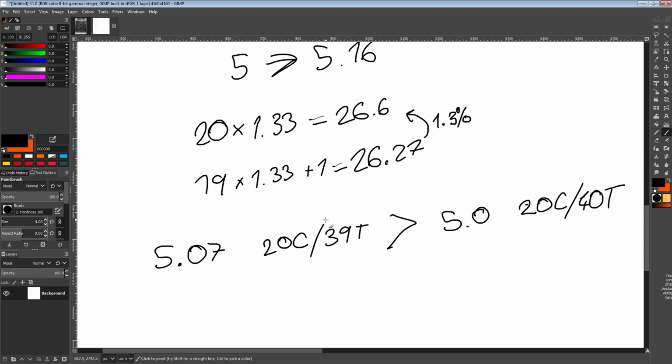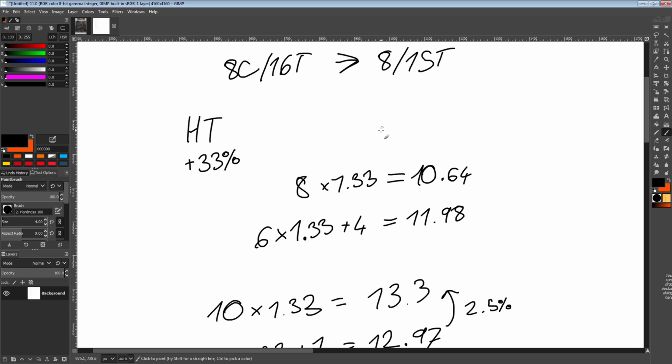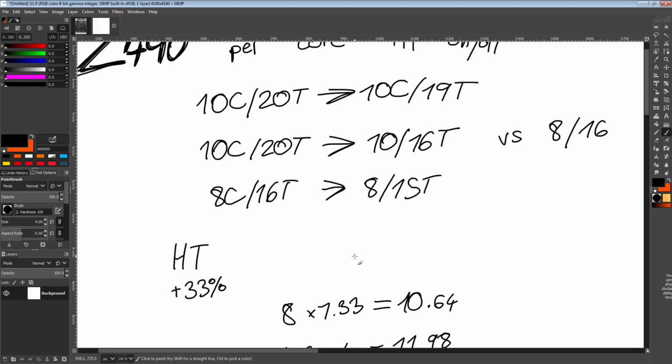And that is really exciting, for me at least, because there are a lot of multi-core benchmarks where either your CPU is good or it's bad.